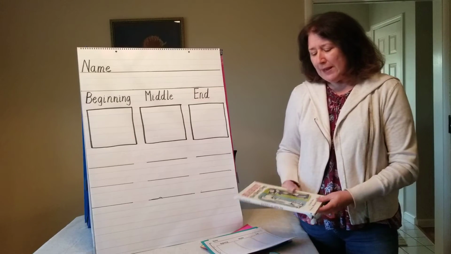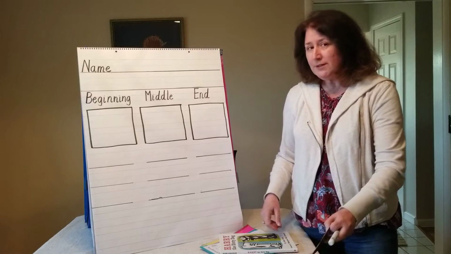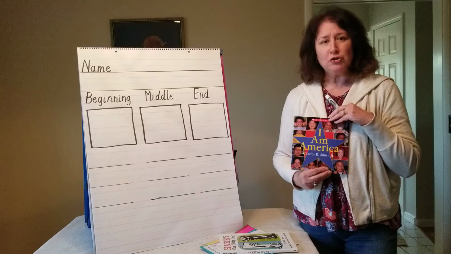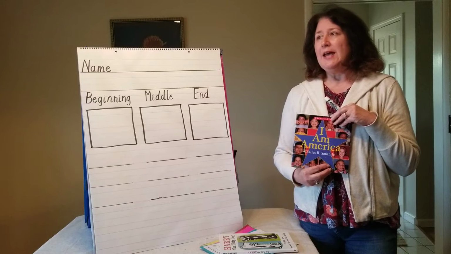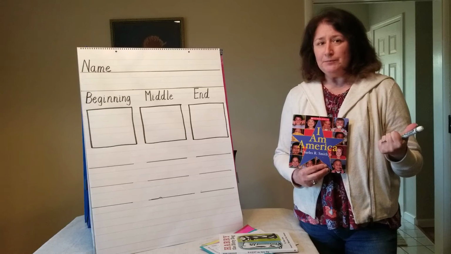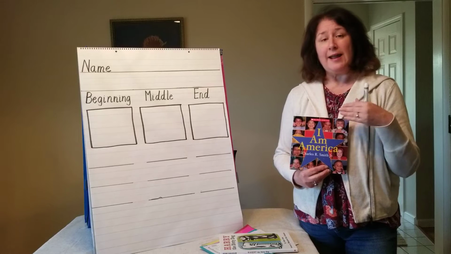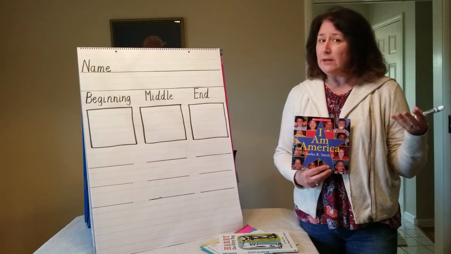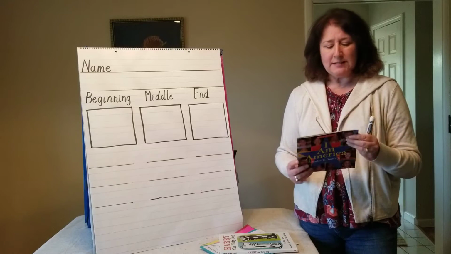And at school together, we talked about I Am America. We read this book by Charles R. Smith. And we looked at his bold beginning, where he used this I am statement. And we looked at the mighty middle, where he organized his book.